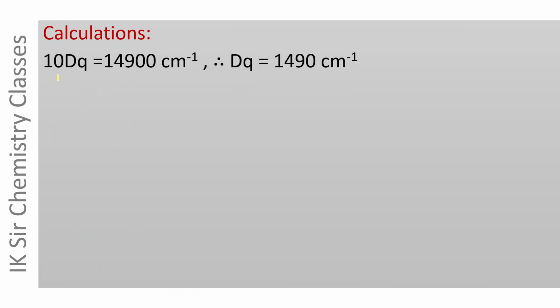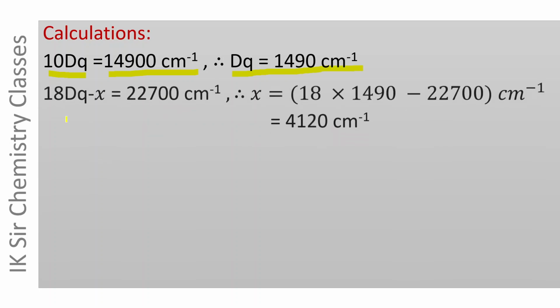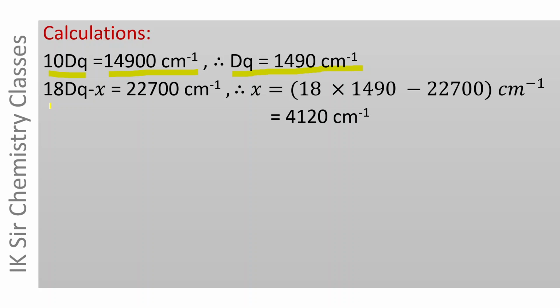Now calculations. 10 Dq, that is ν1, is equal to 14,900 cm⁻¹, and on solving it, Dq will be equal to 1490 cm⁻¹. The second transition requires energy 18 Dq minus x, and it is obtained from spectrophotometric data equal to 22,700 cm⁻¹.